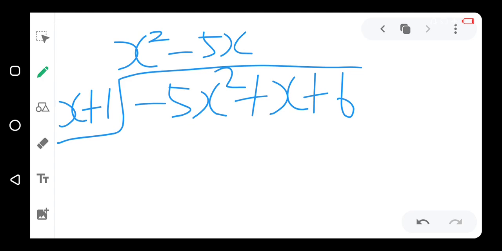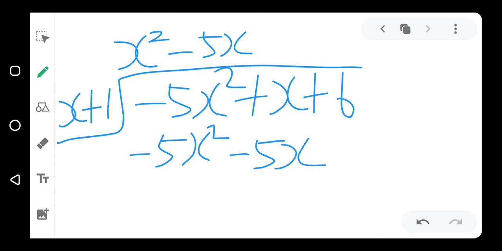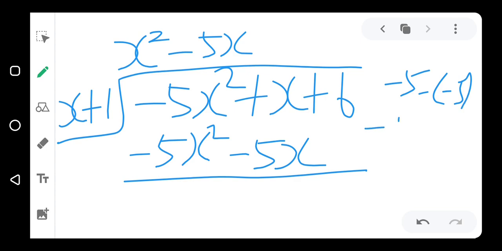Minus 5x times x will give us minus 5x raised to the power 2, and minus 5x times 1 will give us minus 5x. Now we subtract again. Minus 5 minus minus 5 will give us minus 5 plus 5, which is equal to 0.